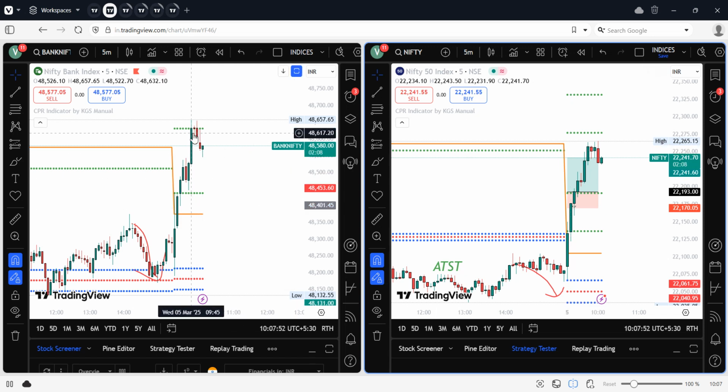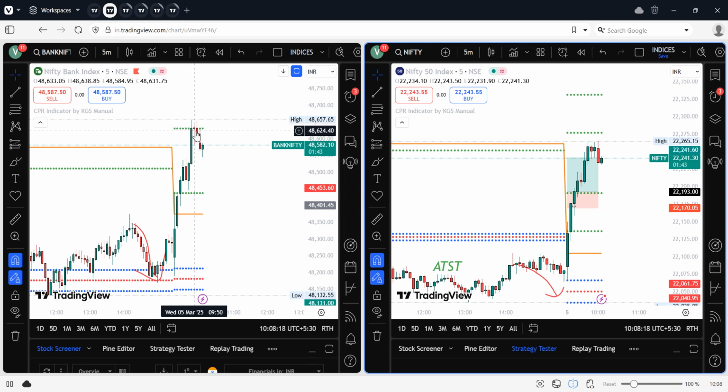You can also see here, if at all you haven't exited, and you don't know this logic, you can exit once Bank Nifty reaches this level, 48,633, on the 9:50 opening candle. Why? Because most of the time when the price closes above the previous day low and R1, it has the tendency to reach R2.